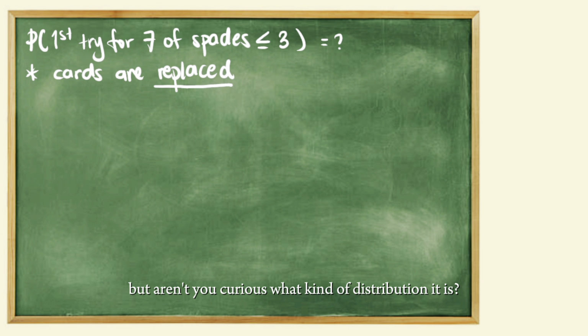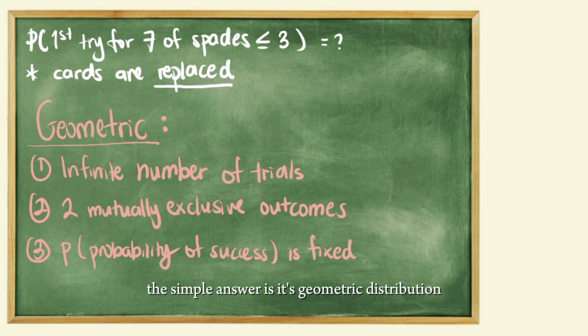But aren't you curious what kind of distribution it is? Because it's definitely not binomial. There's no fixed set of trials. It seems to just go on and on and on. So what could it be? The simple answer is it's geometric distribution, where it counts for the first success.